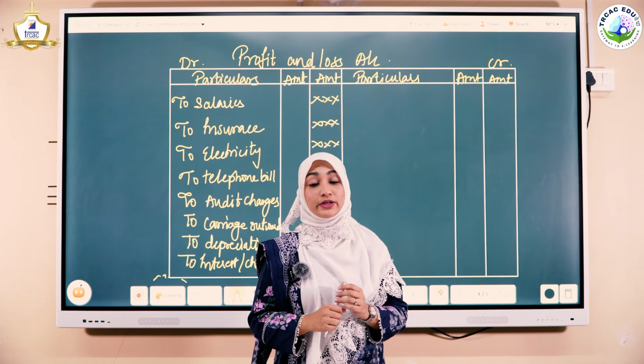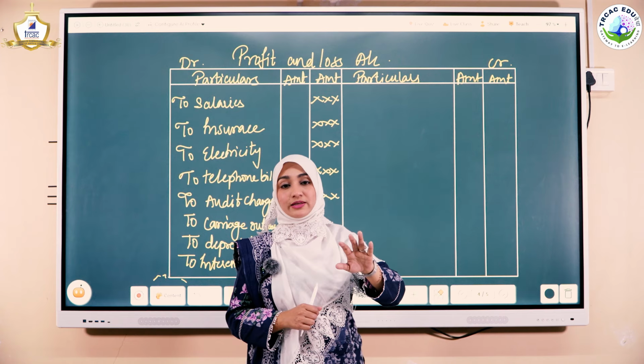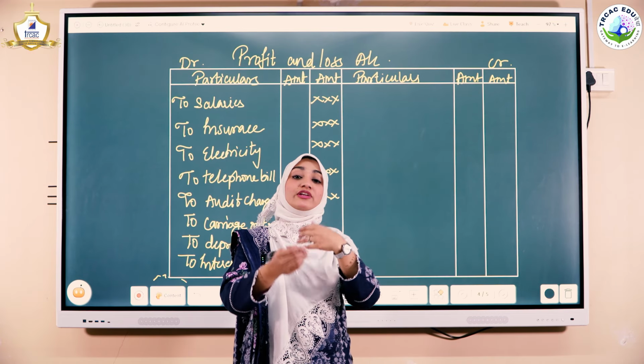Now I told you earlier also, understanding the credit side of profit and loss account is very easy, because here you will be having the word received. Whatever is being received.